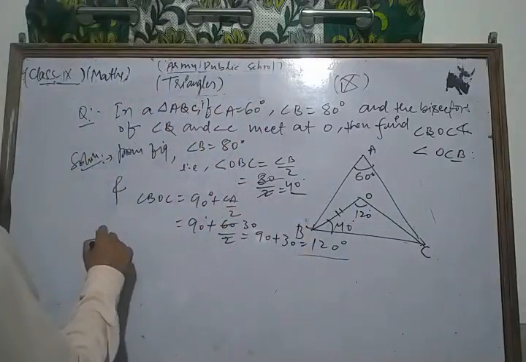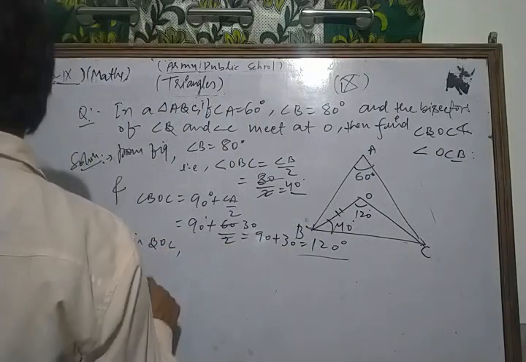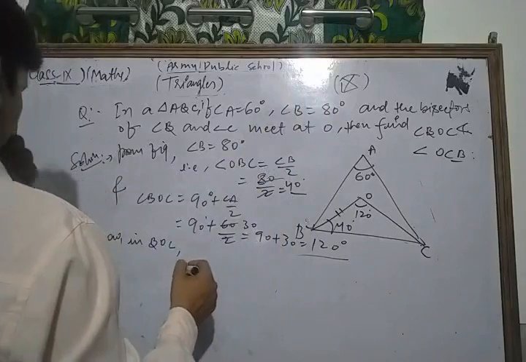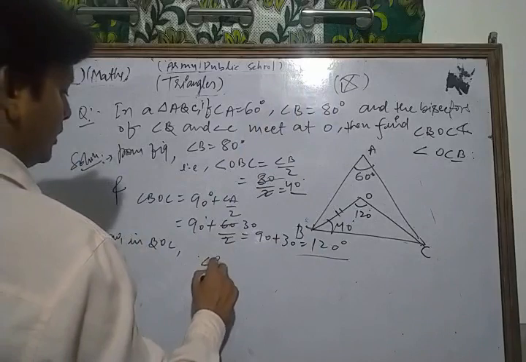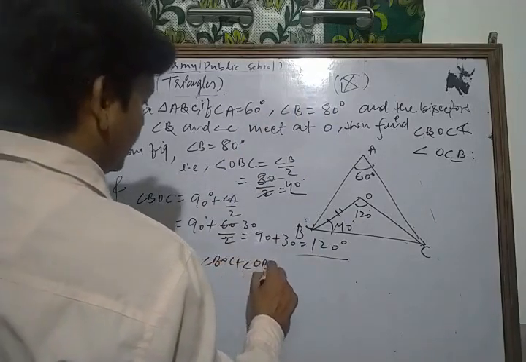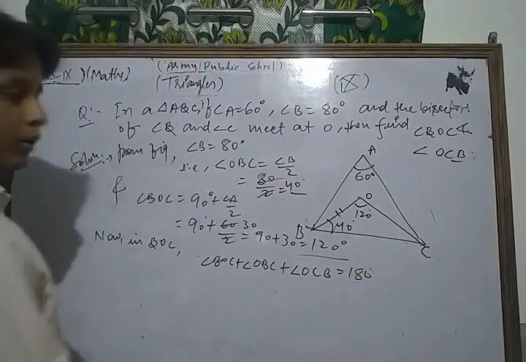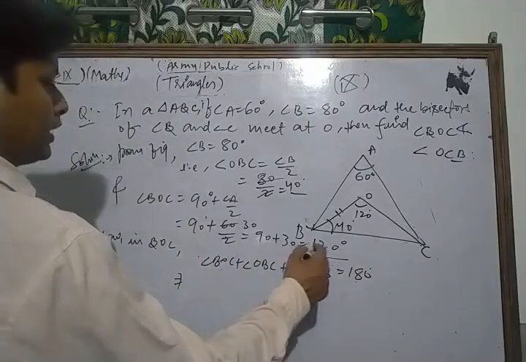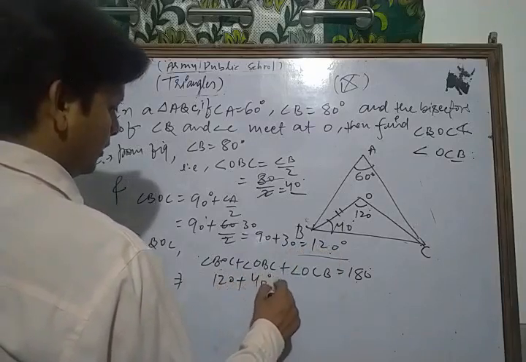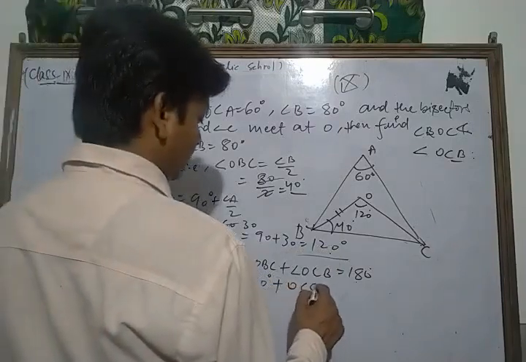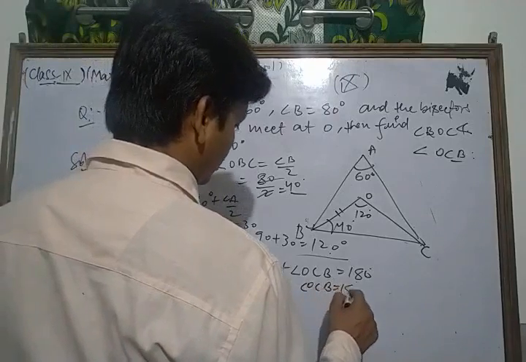Now in triangle BOC, we apply the angle sum property of the triangle. This is angle BOC plus angle OBC plus angle OCB is equal to 180. Now from there angle BOC we put as 120, angle OBC is equal to 40 degree, plus angle OCB is equal to 180 degree.